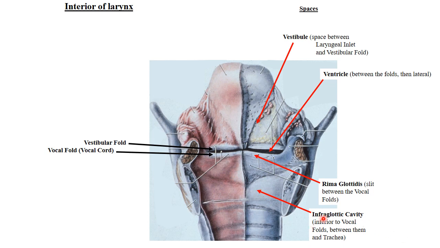Infra means below or inferior to. Glottic, again, glottis is the vocal folds. Where else am I? I'm in a space below the vocal cords. Infraglottic cavity seems like a quite natural name to give this little space. That's the infraglottic cavity, the space inferior to the glottis, inferior to the vocal folds.